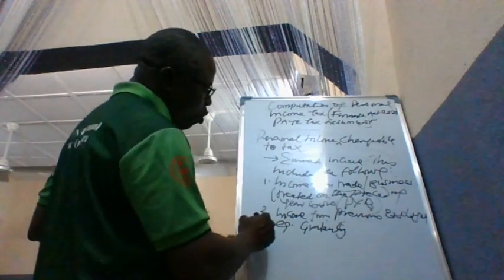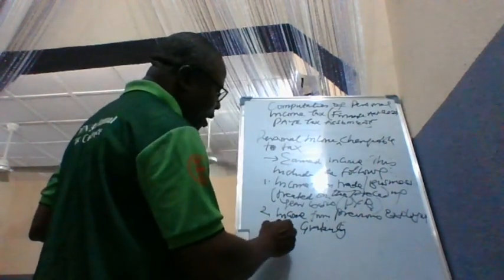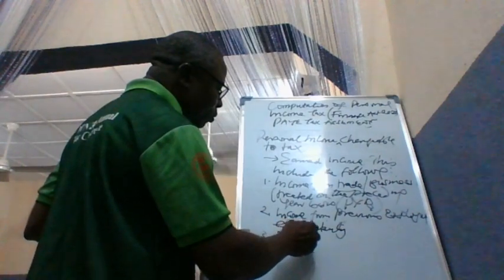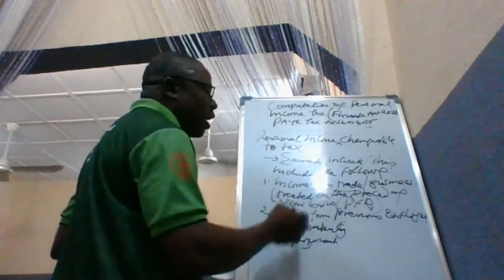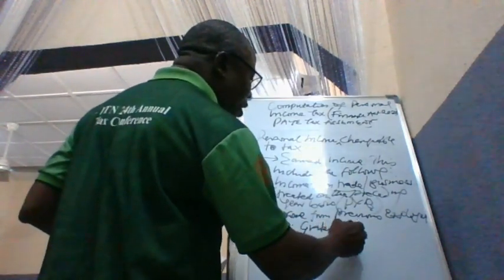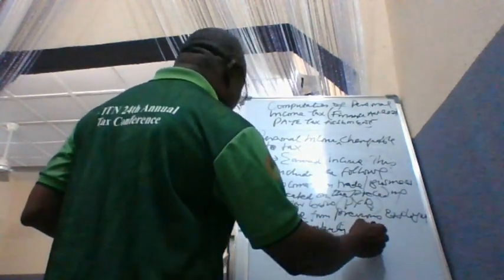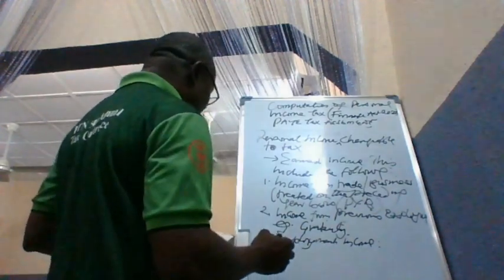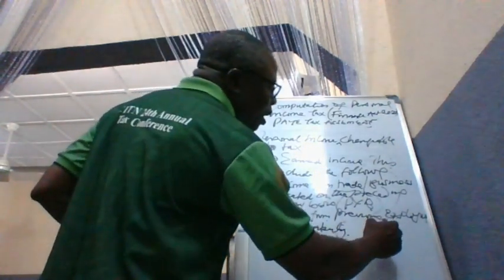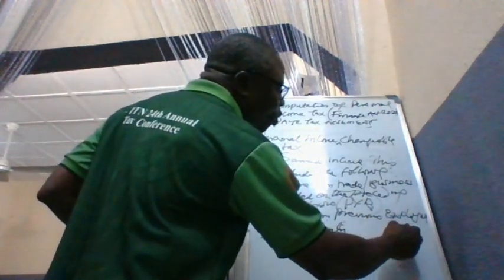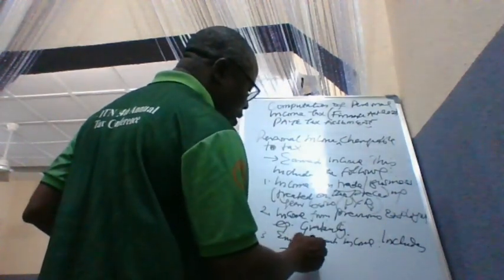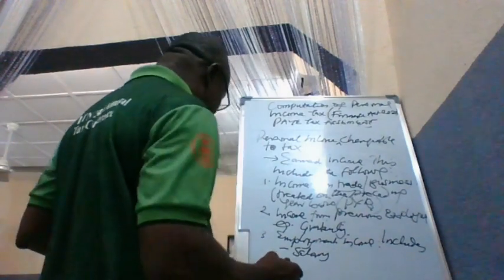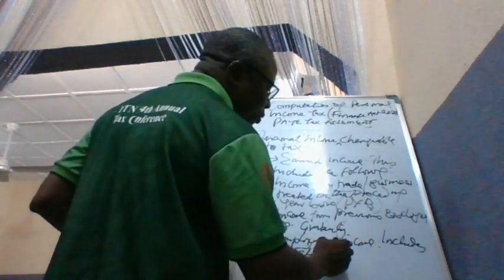And the third one is employment income. All these are under earned income. Employment income includes the following. One, salary; the staff is earning salary and wages.